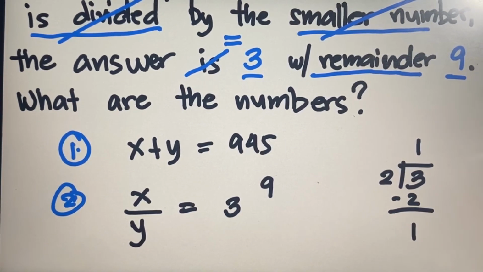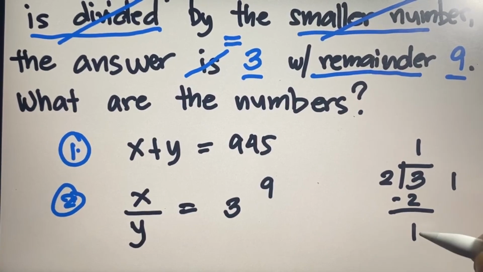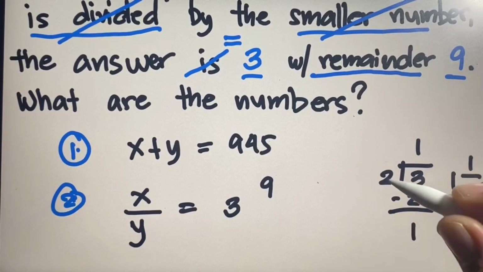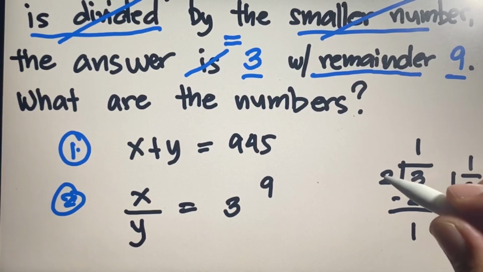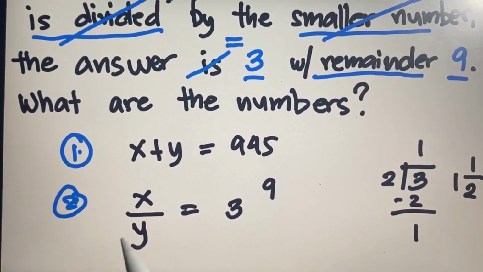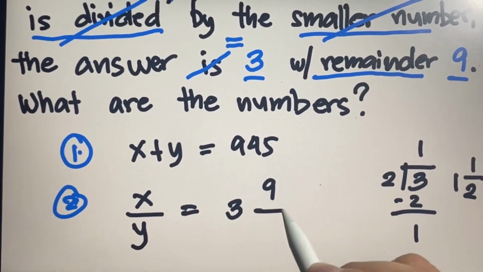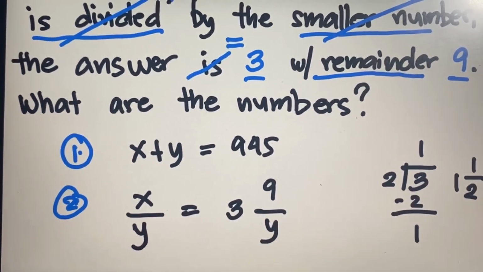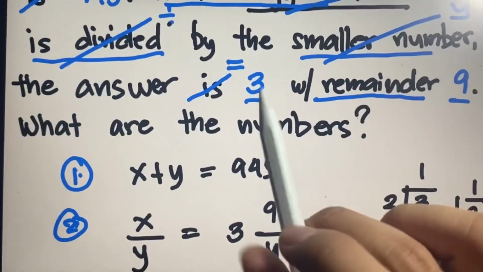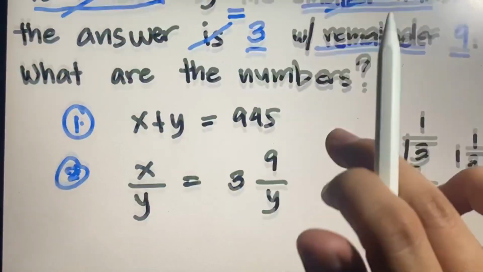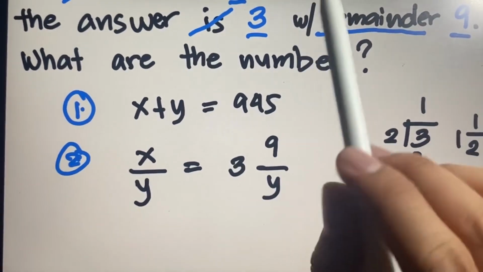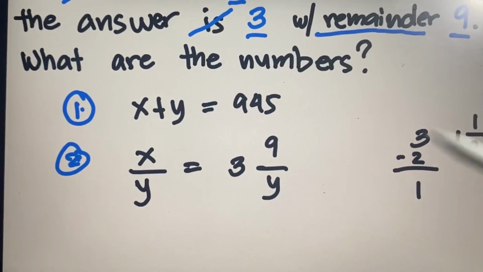So 1 is the answer here, but the remainder becomes the numerator over the divisor, which is 2. In this case, our divisor here is y. Therefore, the denominator would be y. So this is how it would look from statement number 2. Now we have converted it into our equation number 2.